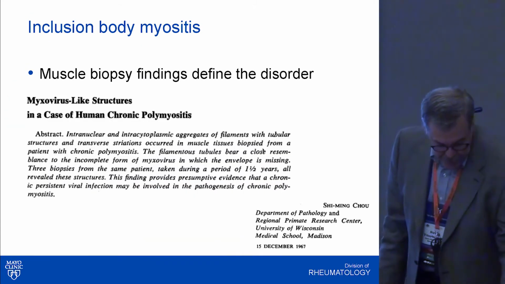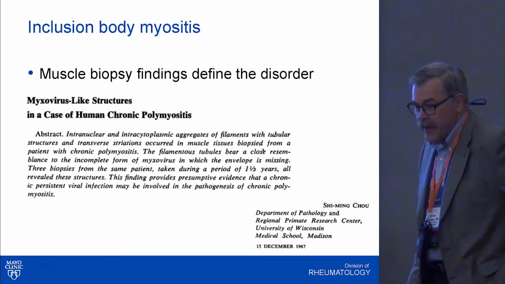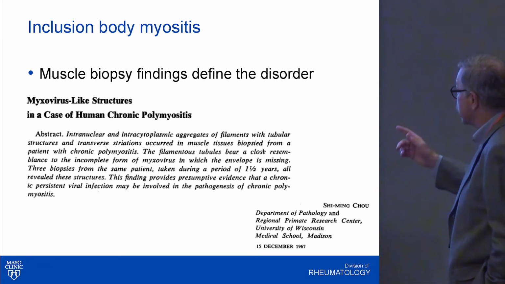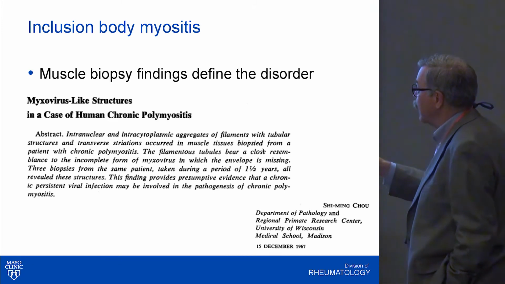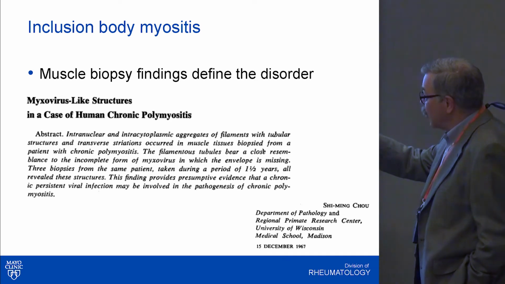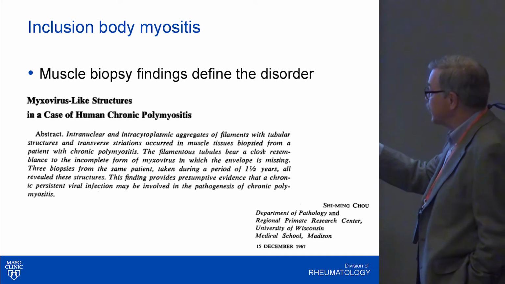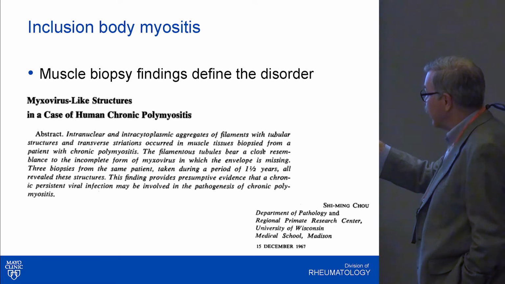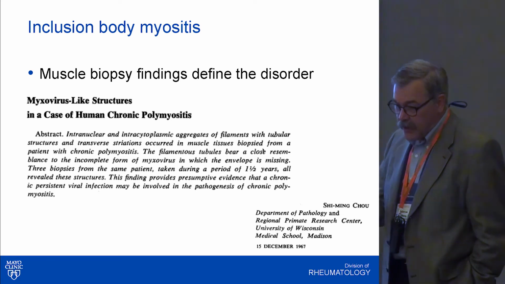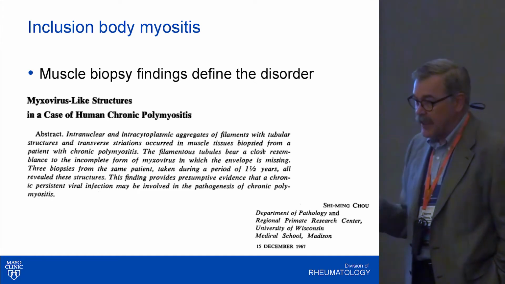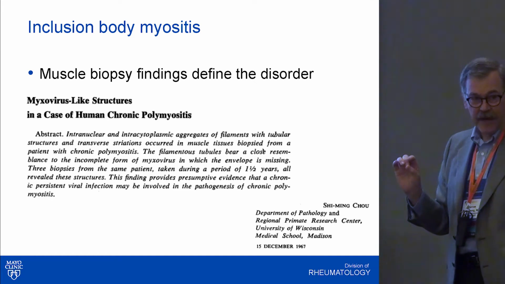Let me switch to IBM. So IBM was first described in 1967. And it was in a patient who had been termed to have chronic polymyositis, who wasn't getting better. And this researcher found particles in the muscle biopsy on electron microscopy that looked like viral particles.